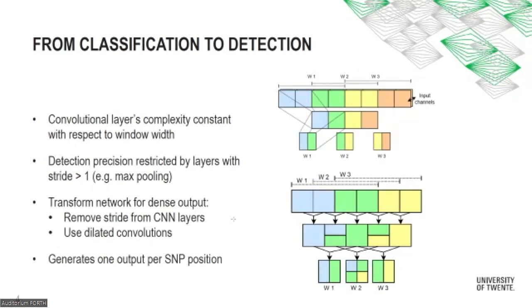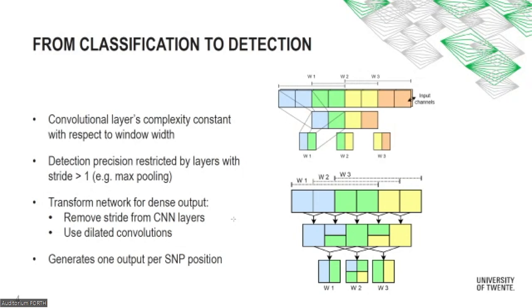However, we can overcome this problem by transforming our network. And we can do this by removing the strides from these layers that use a stride of greater than 1, and using dilated convolutions in the subsequent layers instead.